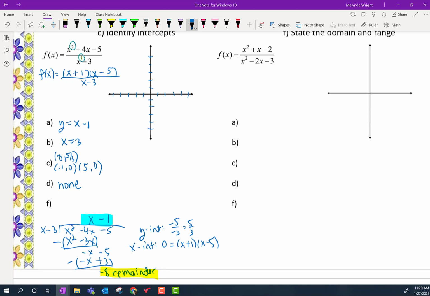Okay. So I'm going to graph the asymptotes in a different color just so I can distinguish them apart. I'm going to graph the vertical asymptote first. It's certainly the easiest one at x equals 3. So it would look like this.